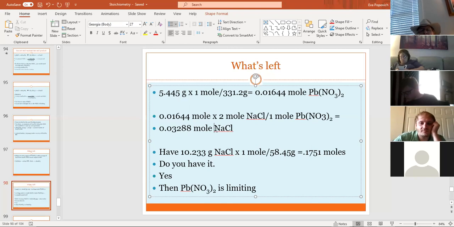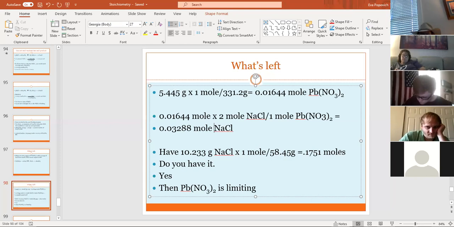This is how much I need of NaCl, right? Yes, Rosina, that's how much I need of the NaCl with this much lead nitrate, correct? Right. Do I have enough? Yeah, you have enough. If I have enough of the other reagent, then the one I started with is going to be the limiting reagent. Okay, got it.